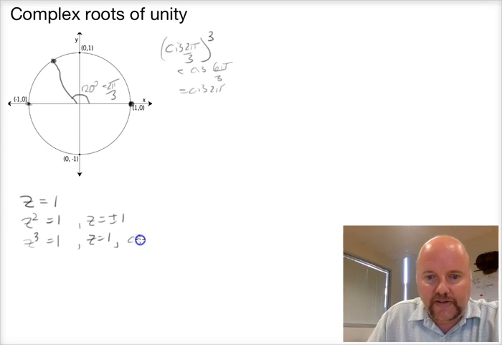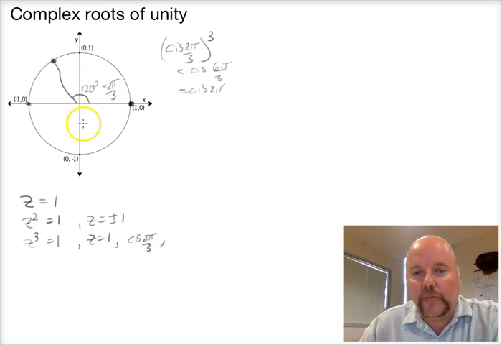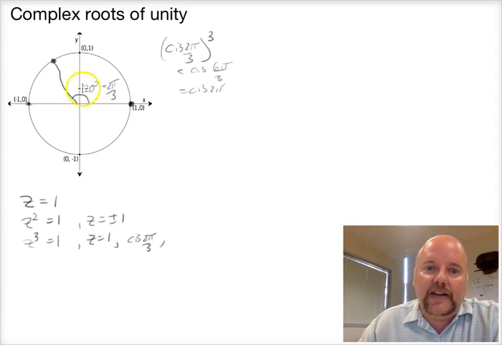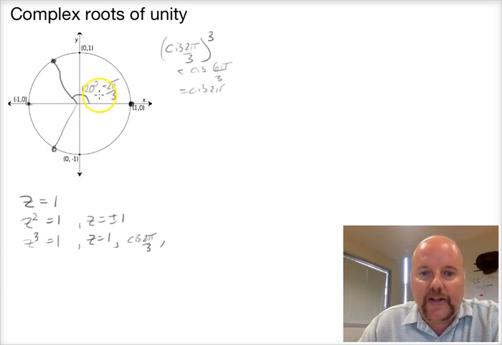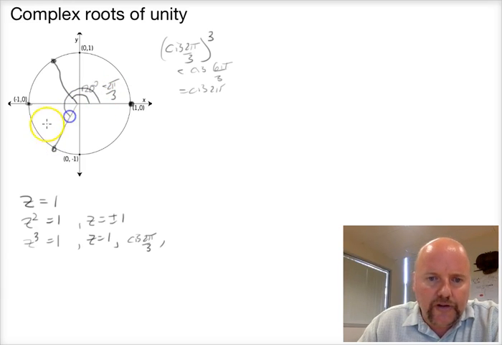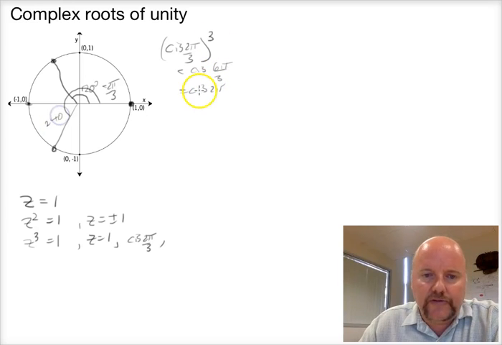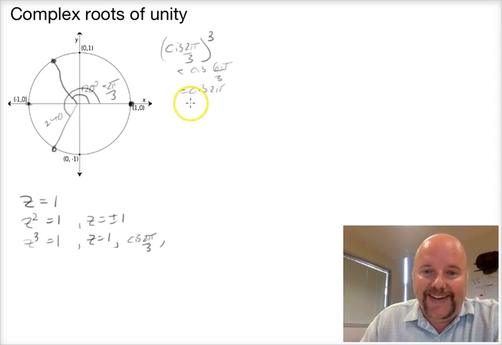So we call this cis 2 pi on 3. Now there's another one as well, such that when you multiply the argument by 3, it ends up back on here. And it's down here. First I'm going to call this 240 degrees. Now 240 is 4 lots of 60, so that's cis 4 pi on 3.